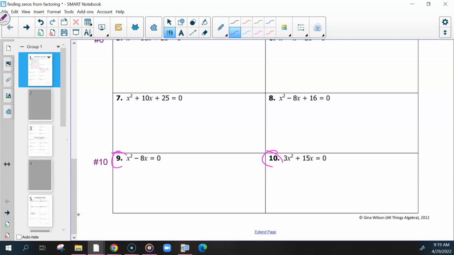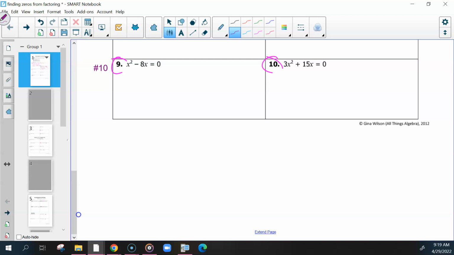The process isn't the same. We have two terms. If we have two terms, how can we factor it? So your GCF would be x, and then x minus 8, yes.